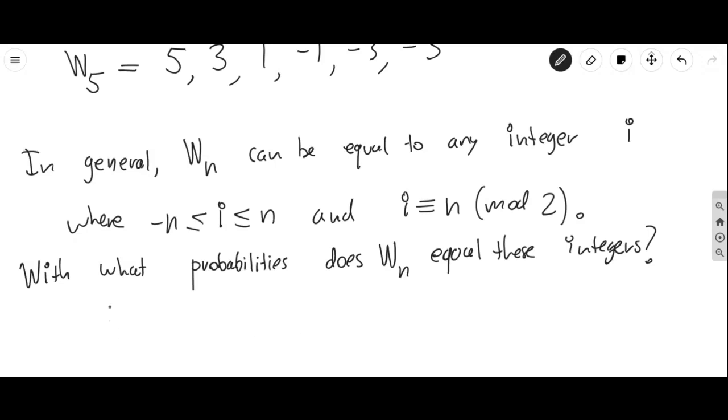More specifically, what is the probability that Wn is equal to one of these integers? Because Wn, after all, is a random variable. The position of the random walk at time n is random. But we do know, whatever the position is, it has to be an integer between those two bounds satisfying this condition. And now we're asking, with what probability does it take on that integer?